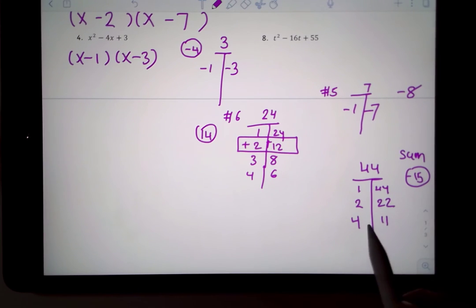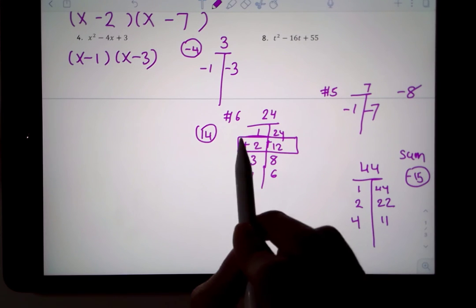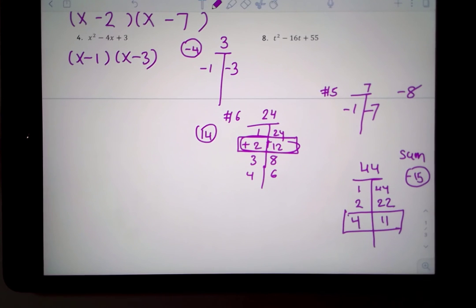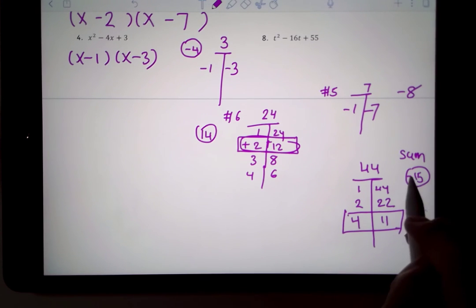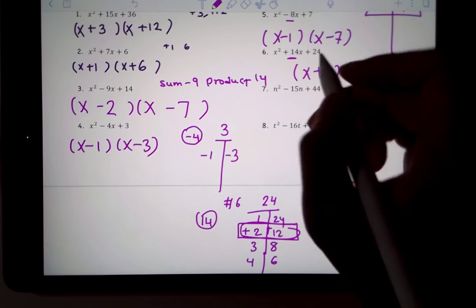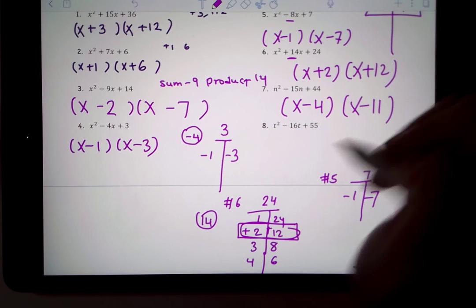So we got it. Actually, you don't have to complete the factor table. Whenever you get your pair, then you can stop there. So 4, 11, 15, and that's negative 15, so we need negative 4, negative 11. So x minus 4, x minus 11.